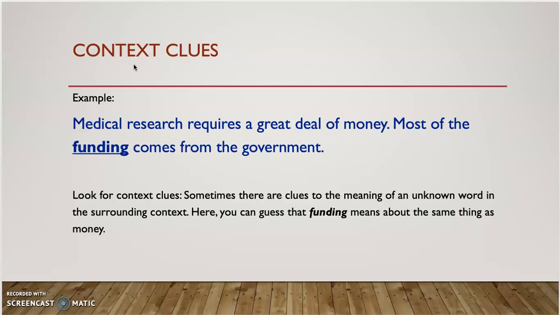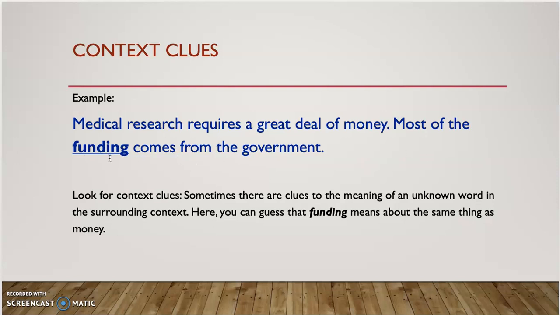Let's look at context clues. Let's read this sentence. Medical research requires a great deal of money. Most of the funding comes from the government. So in this case, we can't just ignore this word because it's an important word, funding.